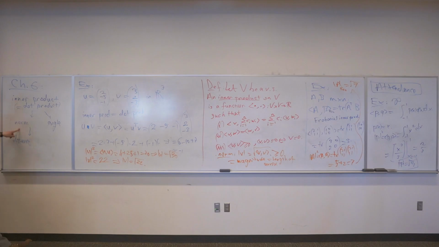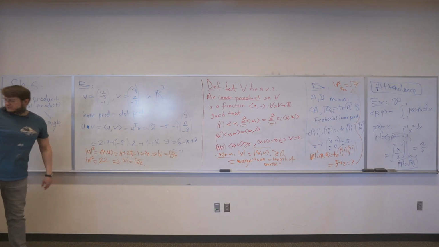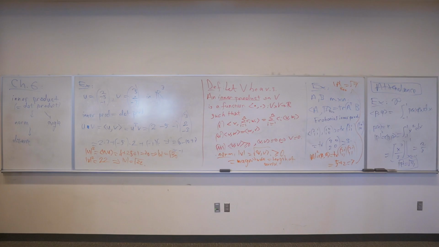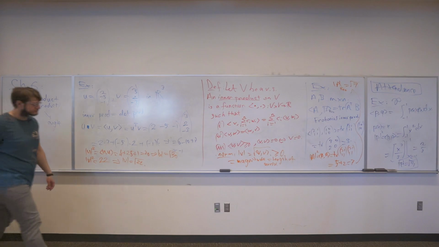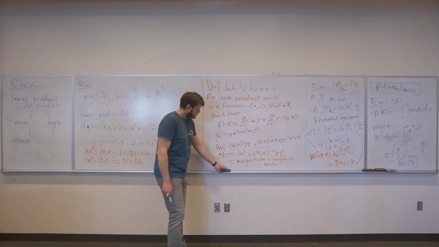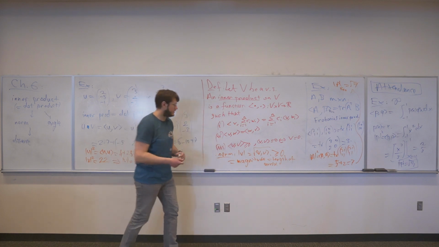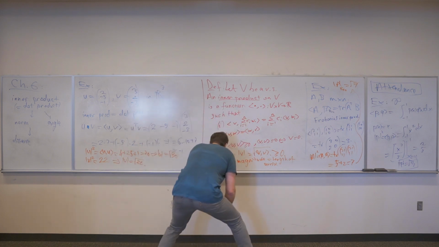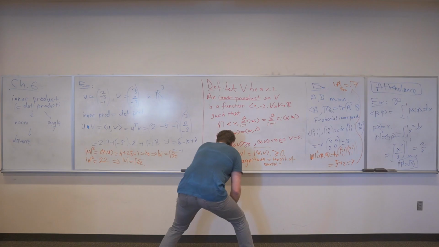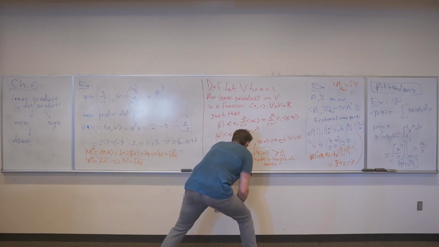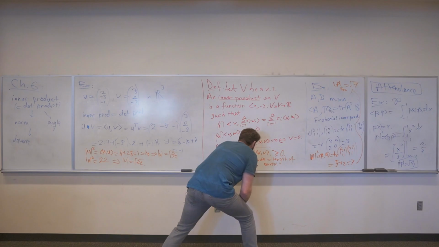Define inner product, define norm. Let's define distance. Distance between two vectors is going to be the norm of their difference. D of V, W is the same thing as V minus W in norm.